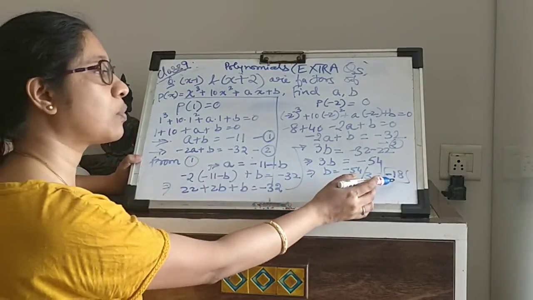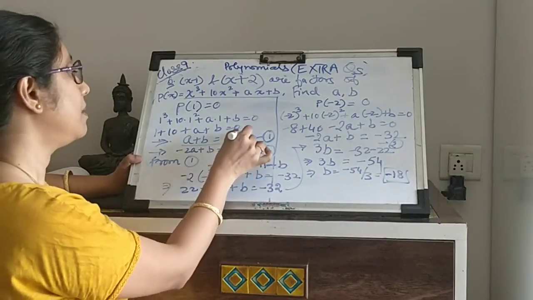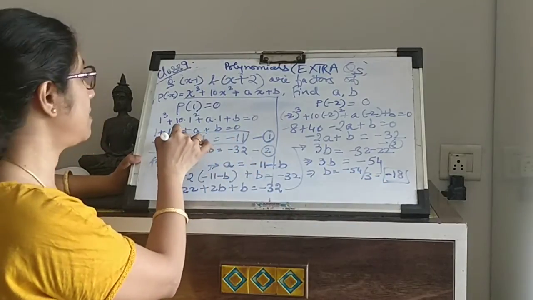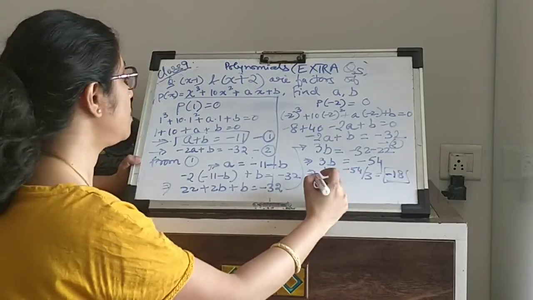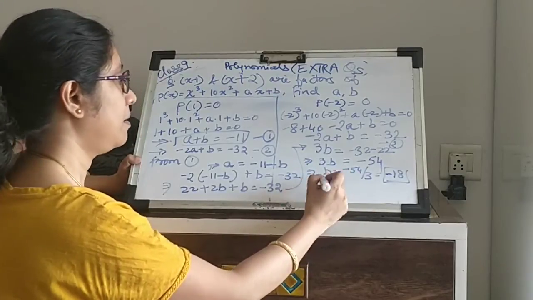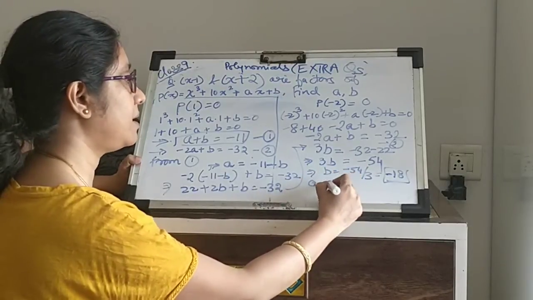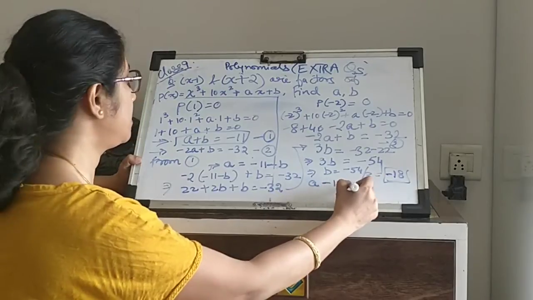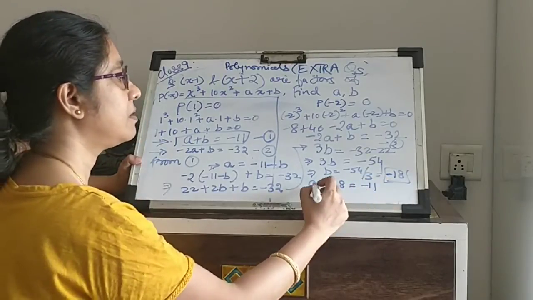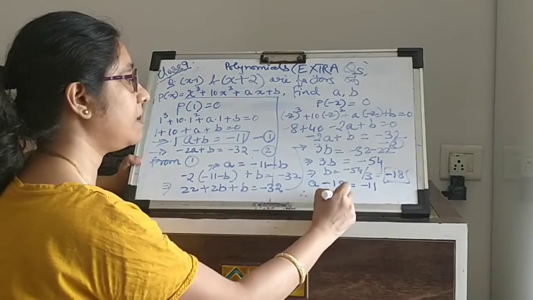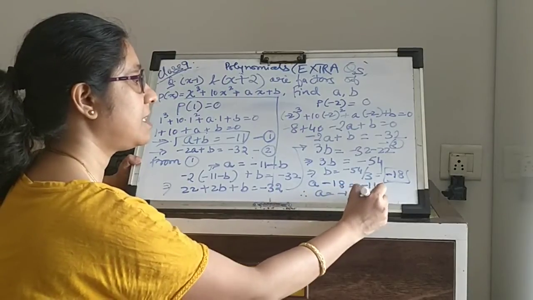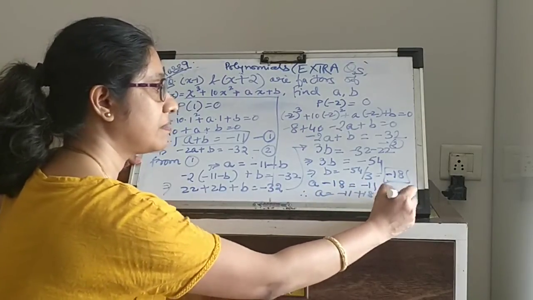I have a quick look and figure out that if I put it here, my calculations will be much faster. So a plus b, that happens to be minus 18, is equal to minus 11. Therefore, my a will be minus 11 plus 18, and that will be 7.